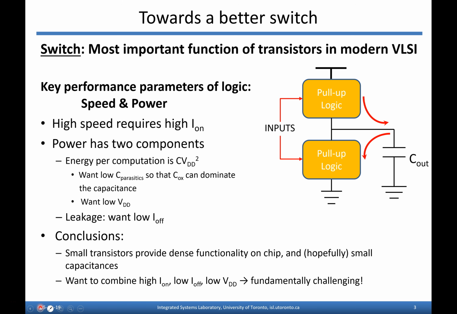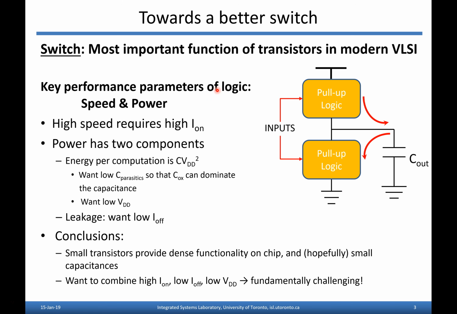So basically, when you think about use of MOSFETs in digital logic or in VLSI, they're basically being used as a switch in some kind of logic gates in this configuration, right? There's pull-up logic that's switching and directing current from VDD onto the output on rising transitions, and on falling transitions there's some other switches in a pull-down network that are drawing current away from the output and making the falling transition.